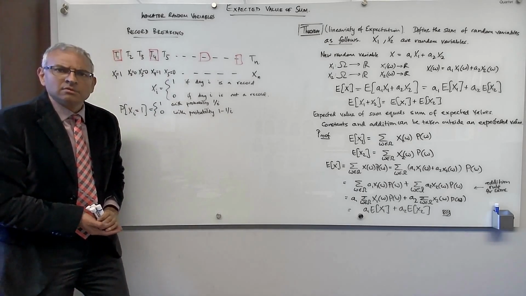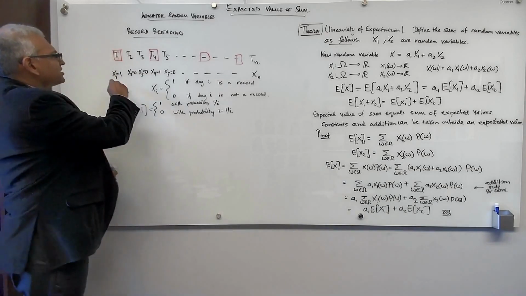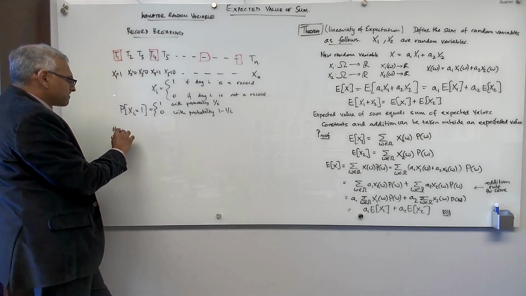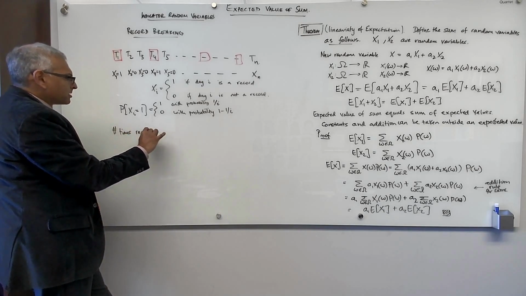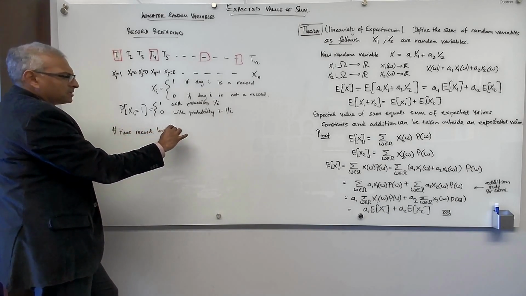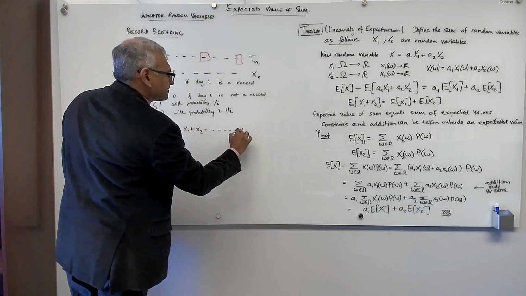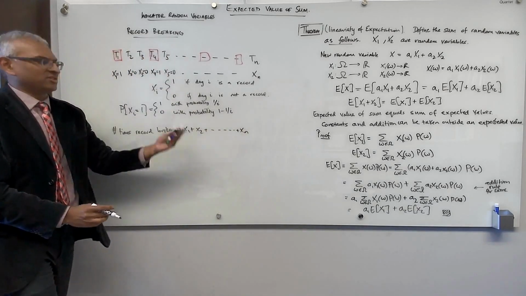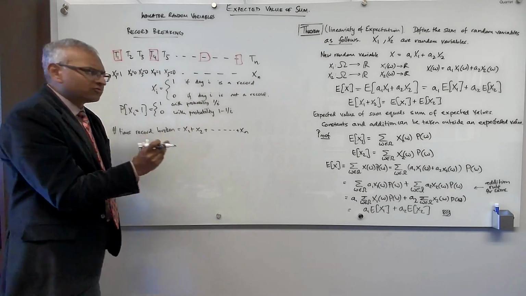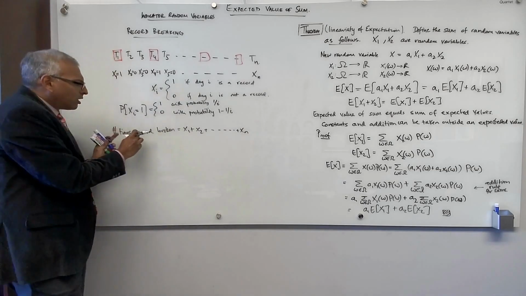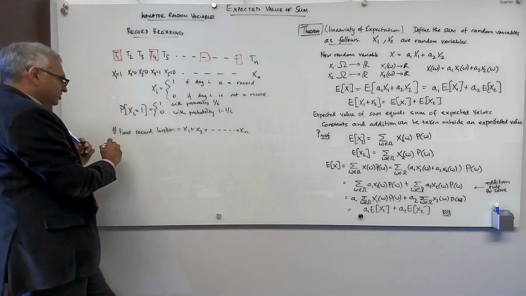Okay, well, how many times was the record broken? It's just the sum of the xi's. So the number of times a record is broken is equal to x1 plus x2 plus ... plus xn. There comes the theorem with indicator random variables. You just have to be skillful in identifying the indicator and then computing what you want in terms of a sum of indicators.